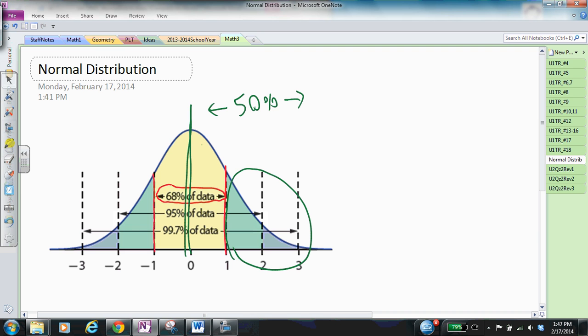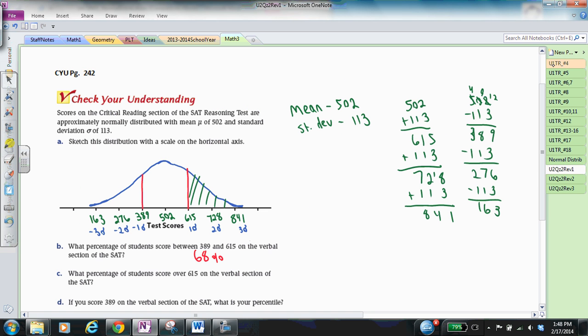Now we know this yellow area is half of 68%. So half of 68, that's 34%. To figure out what's remaining here, we just need to do 50 minus 34. That's 16% remaining to fall in that range, which is above 1 standard deviation from the mean. So we know that the answer to this question is going to be 16%. 16% of the data falls in that range.